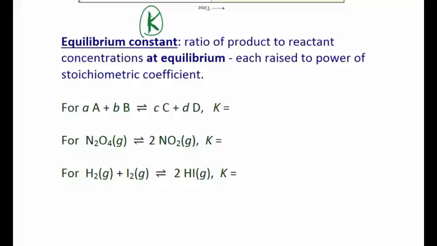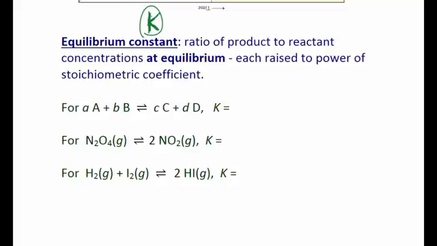K ends up probably being the most used letter in this entire chapter. Remember, there were Henry's law constants, and the freezing and melting constants. Those were all K's. So a regular lowercase k is a rate constant. Capital K is an equilibrium constant. They mean different things, but you've got to get used to it.